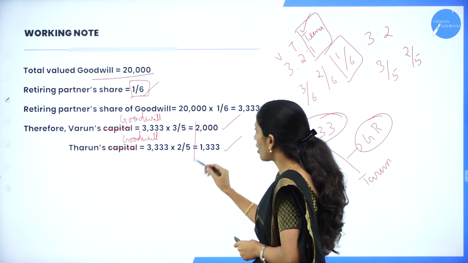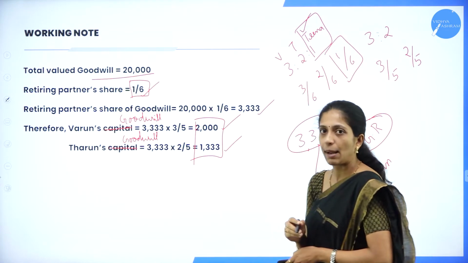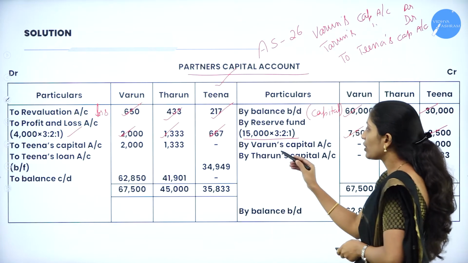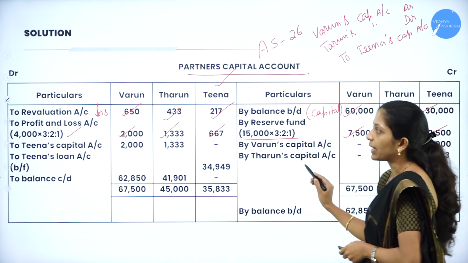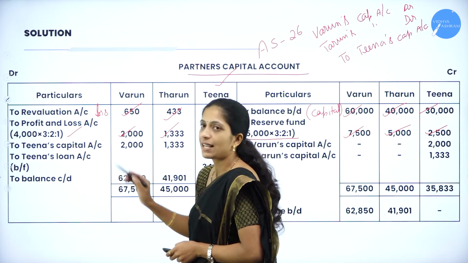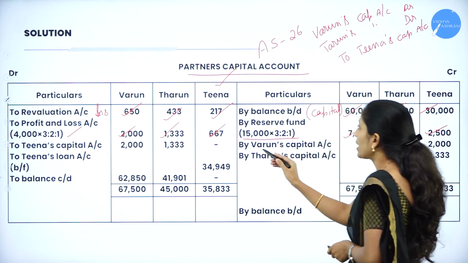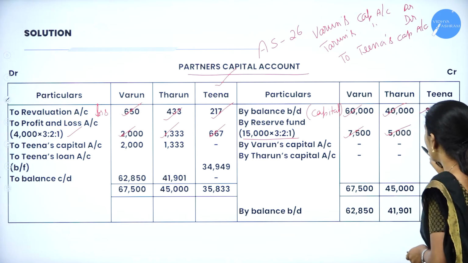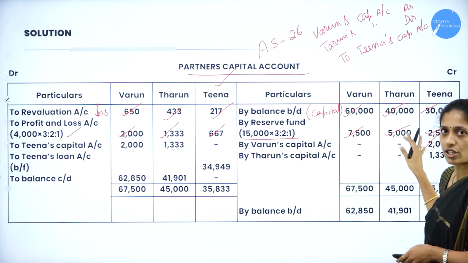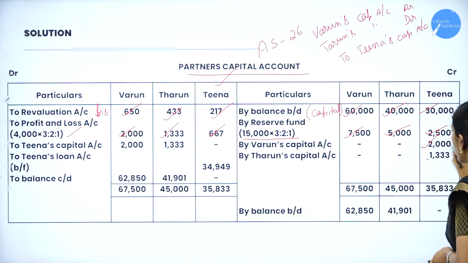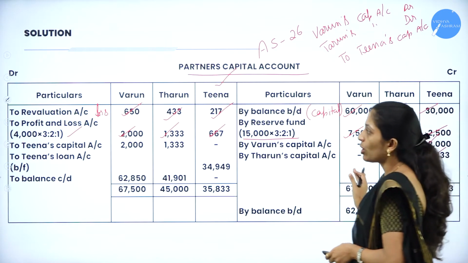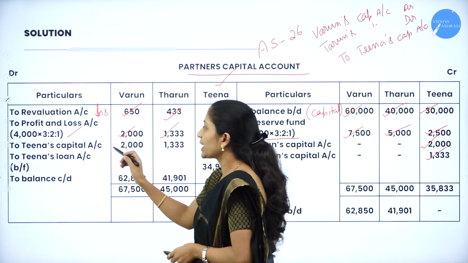Now we shall record this amount in the partners' capital accounts. We know the entry: Varun's capital account, Tarun's capital account debit to Tina's capital account. Write by Varun's capital account the amount, Varun's share, 2,000. In the same way, Tarun's share 1,333. The other part of this entry is Tina's capital account.